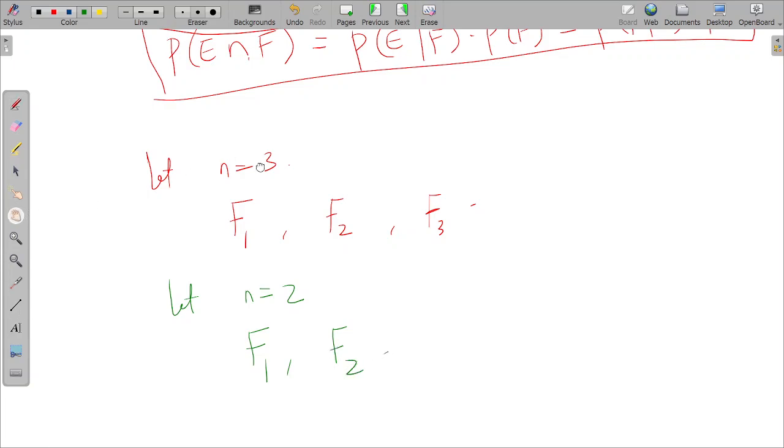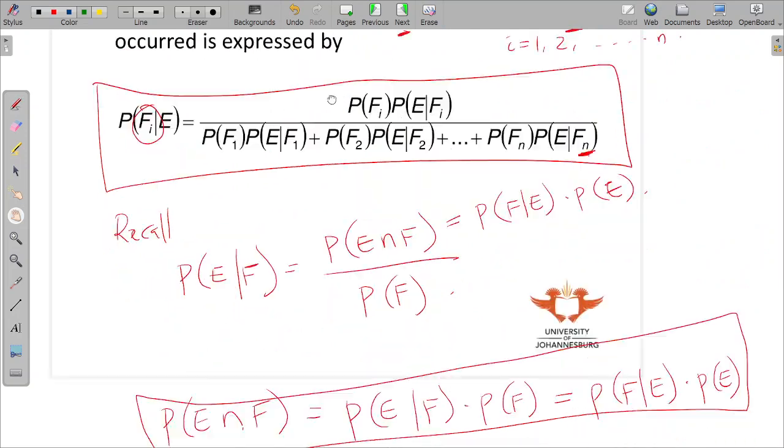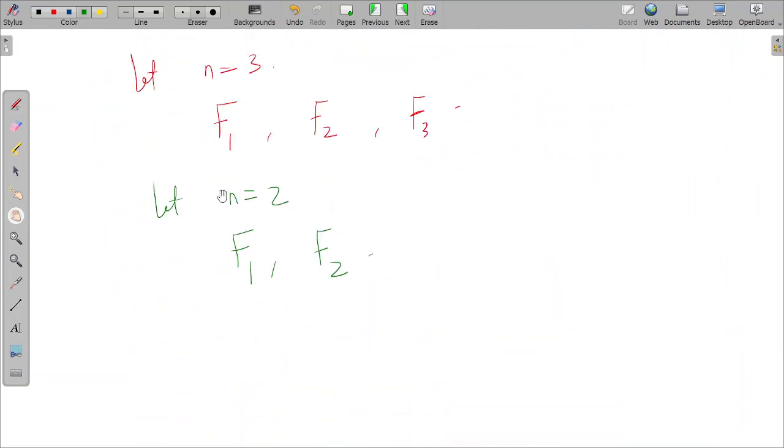Let's rewrite this formula using n in 2 parts.